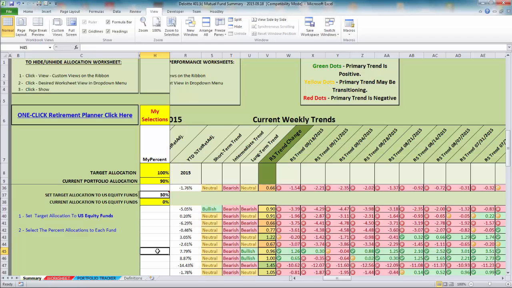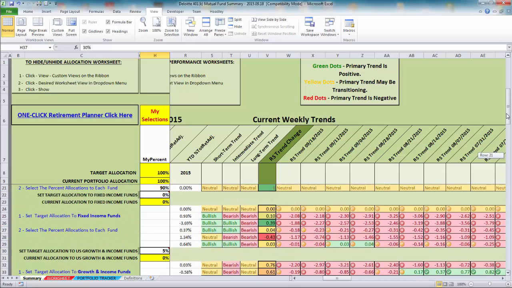So let's go ahead and move this one over to 10% allocation of the 30 that we would like to have. If we see funds turn green next week, we may add another 10% to the next fund, or we might even decide that if this is staying strong, to add another 10% to this fund.